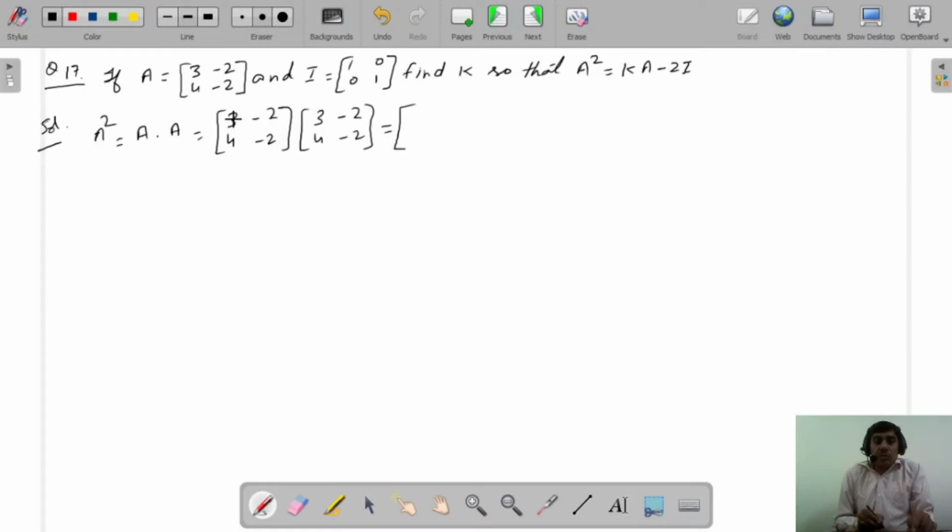So the first row and first column, 3 into 3 plus minus 2 into 4. First row, second column, 3 into minus 2 plus minus 2 into minus 2.